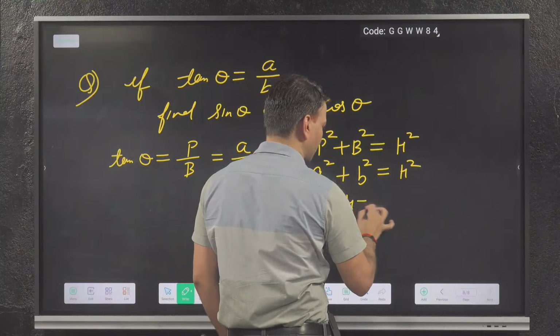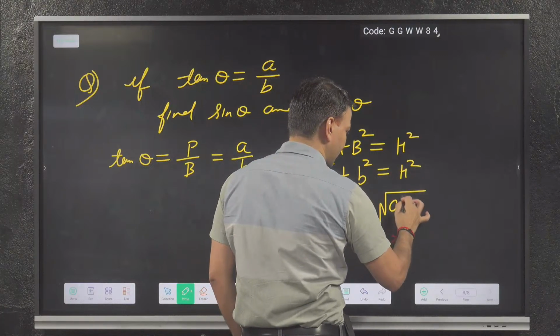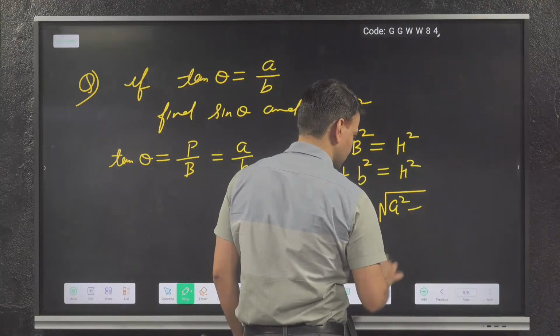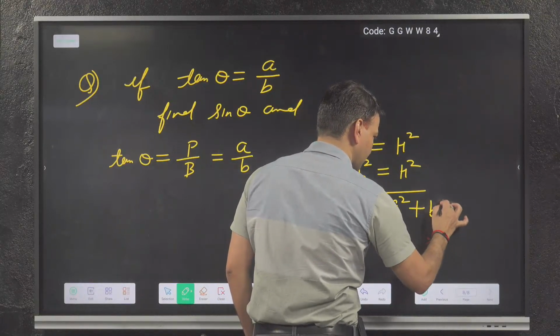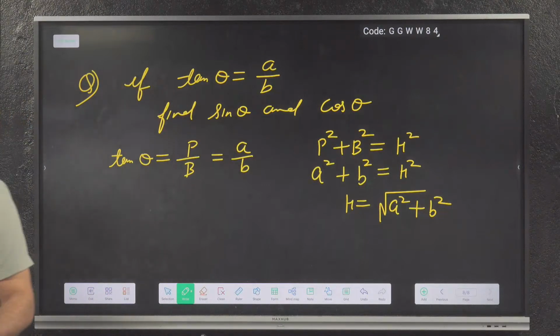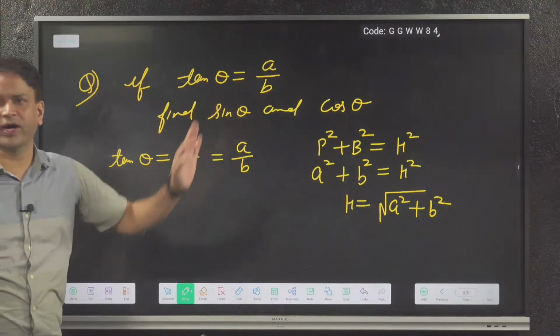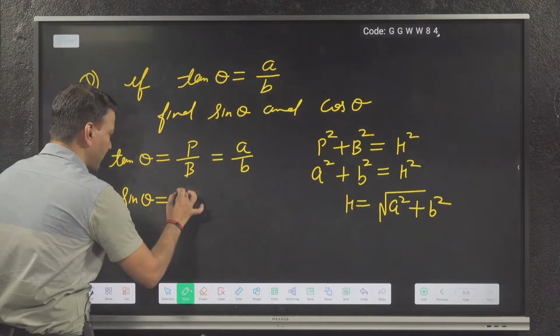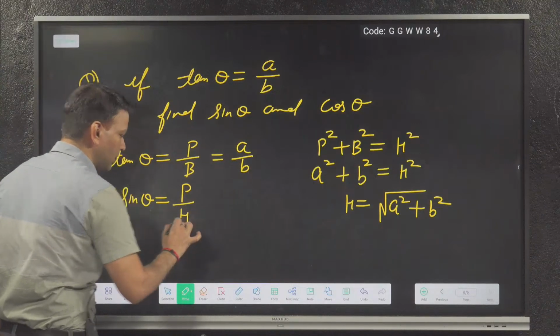So H is equal to under root of a square plus b square. So hypotenuse is under root of a square plus b square. Now all the sides you have, now you can find sine theta and cos theta. Sine theta, what is the formula? Perpendicular upon hypotenuse.